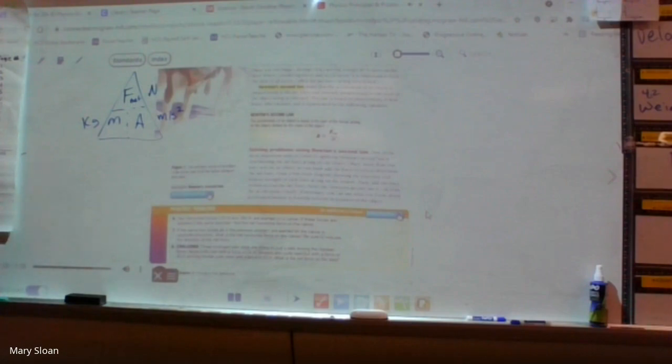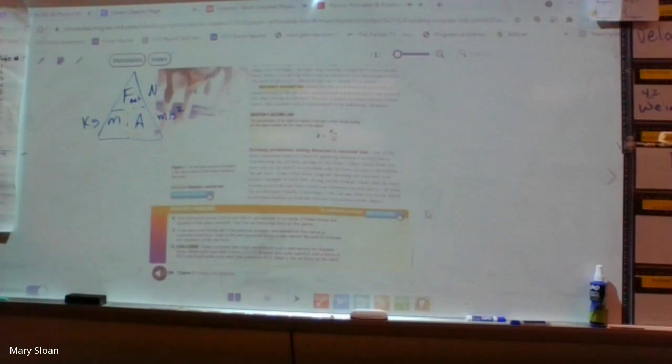Then, add the force vectors to find the net force. Next, use Newton's second law to calculate the acceleration. Finally, if necessary, you can use your knowledge of accelerated motion to find the velocity or position of the system.